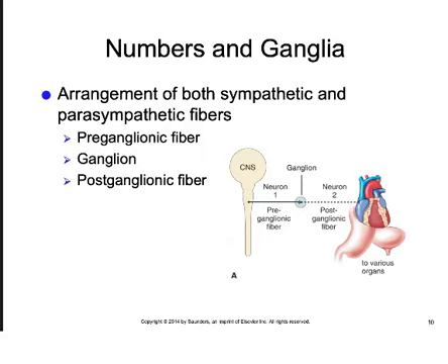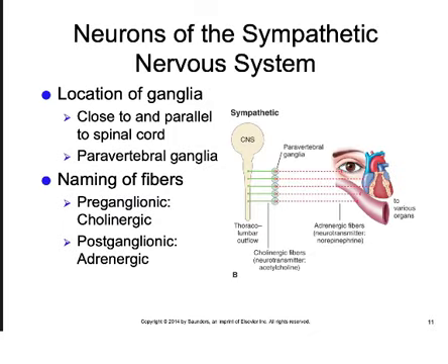Now remember also that in the sympathetic autonomic nervous system, the preganglionics emerge from the thoracic and lumbar spine, coming out of the lateral horns, whereas in the parasympathetic division, we're emerging from the brainstem and the sacral spinal cord. Right? So you can see some of the ways that we do naming conventions here.